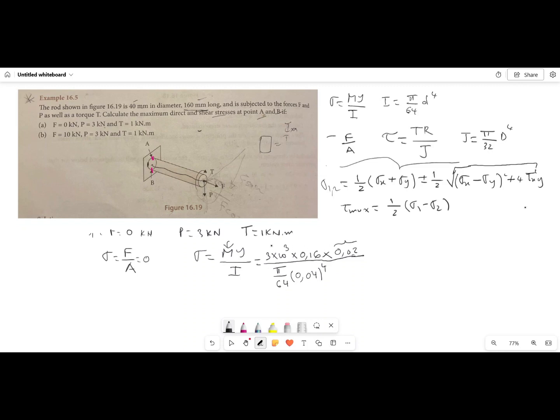You got the moment, which is this, and you have the I. Now I'm pretty sure we should get the answer that they are getting in the textbook here. Try again, Mr. Oji. Yeah, I'm trying, sir. It's not yet. I think I missed some information. You said what's y again? Oh, I said y is simply the radius.